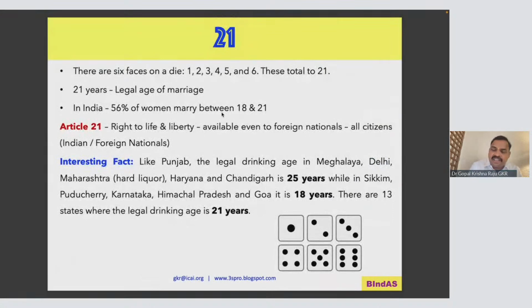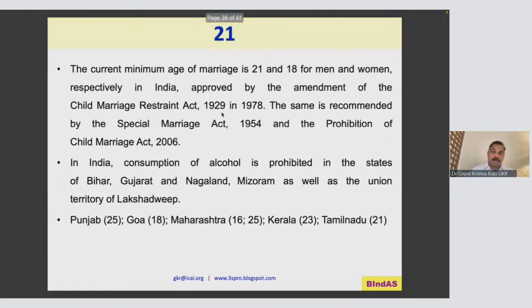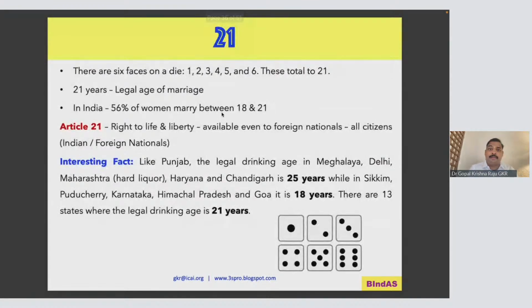Now, please appreciate. In India, 21 is the legal age for marriage. Of course, for men it is 21, for women it is 18. And in India, 56% of women marry between 18 and 21. The remaining 44% either marry above 21 or some of them don't marry at all. Another interesting fact: in Goa and elsewhere, the legal drinking age is 18 years. Sikkim, Puducherry, Karnataka, Himachal Pradesh, Goa, it is 18 years.